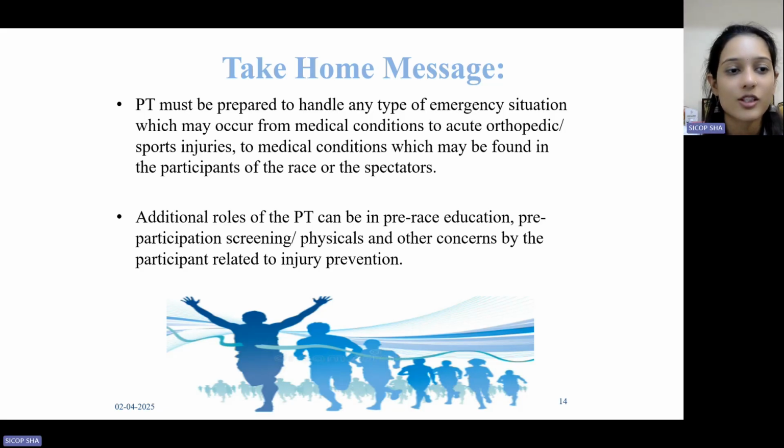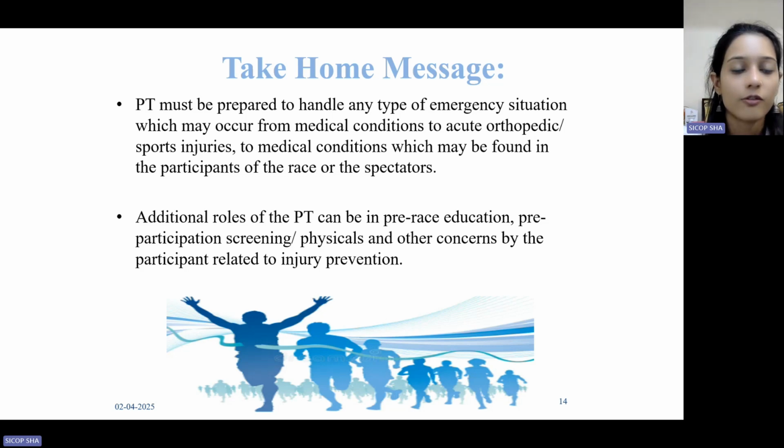So the take home message for today's classroom was: physiotherapists must be prepared to handle any type of emergency situation, which may occur from medical conditions to acute orthopedic sports injuries, to medical conditions which may be found in the runners of the race or in the viewers also.